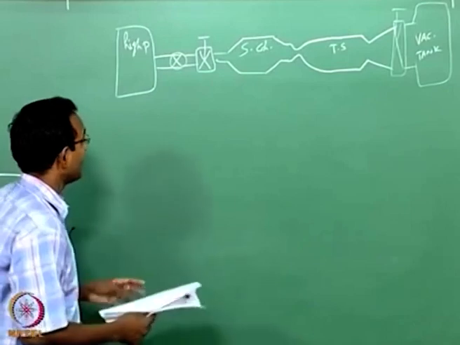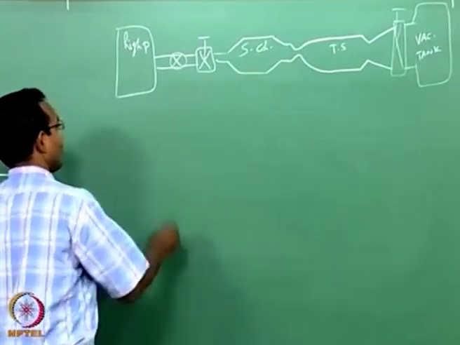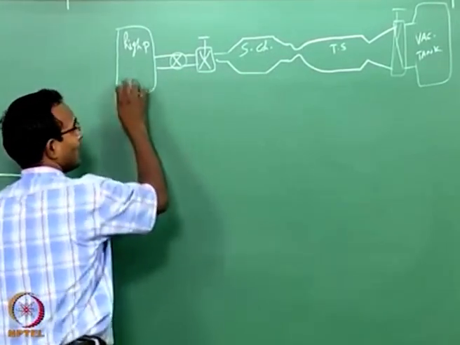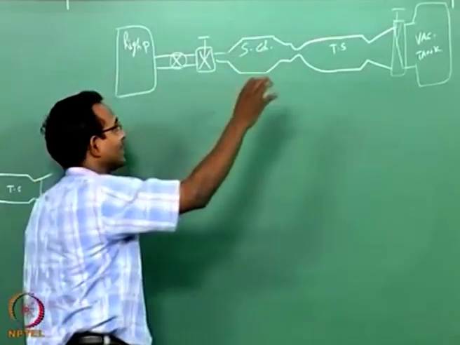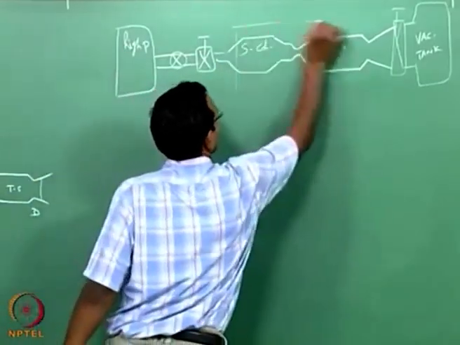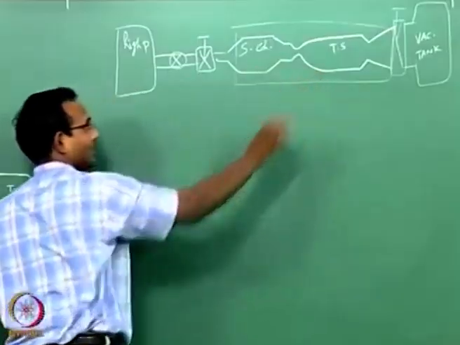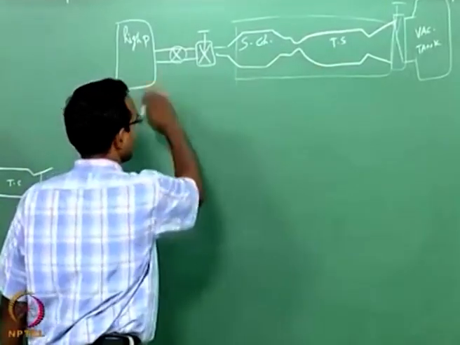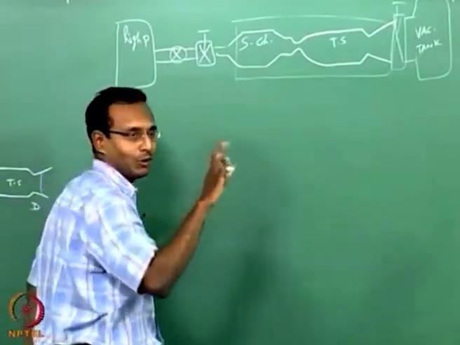So, now the next thing we want to talk about is operation of a supersonic facility. Now I won't worry about what is giving the pressure difference, I will just look at the basic supersonic facility, that is up to here, settling chamber to the diffuser alone. How I set the pressure difference across there, I won't talk about anymore.